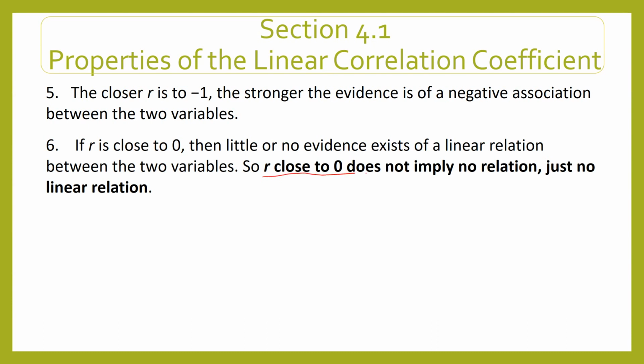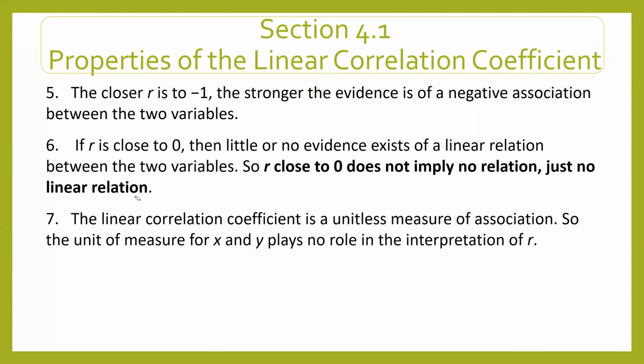R close to 0 does not imply no relation. We are only saying that there is no linear relation, okay? Because the focus here is the linear relation. So there could be other types of relation, non-linear. And maybe there is no relation. But for us, R close to 0 means there is no linear relation. Please take note of that.